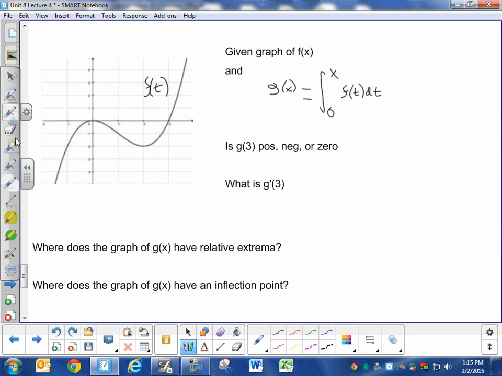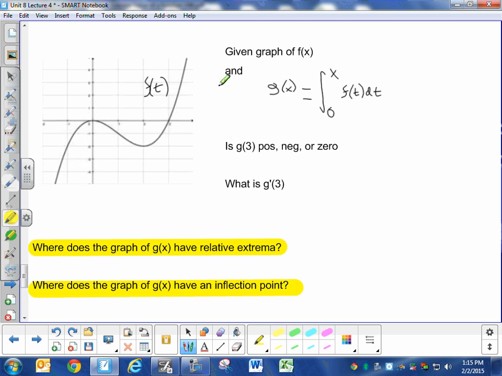And then all of these questions from Unit 4 are going to start repopping. Like, when does G have a relative extrema? Or when does G have an inflection point? And you will have to be able to use your knowledge of the second fundamental theorem of calculus to connect G with this, and to get information from the graph of F to tell you about what's going on with G.